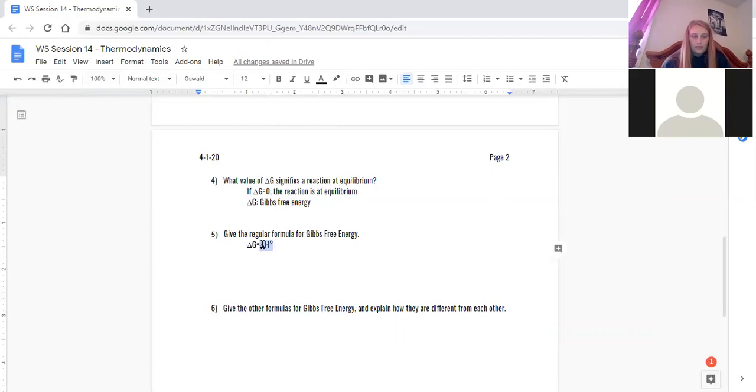Delta H naught minus T times delta S naught. And just like we were talking about before, G is the Gibbs free energy, just like we were talking about right here.